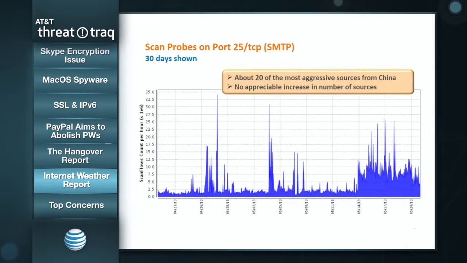Next item here is basically an increase in scanning activity that we're seeing. This is scan probes on port 25 TCP. It's not unusual to see this sort of activity. There is still spamming going on in the world. It has been deterred to some extent, but part of this would likely be looking for SMTP servers that could be used for spamming activities.